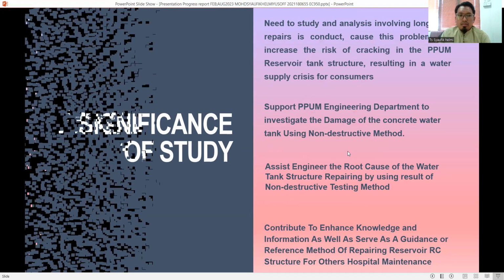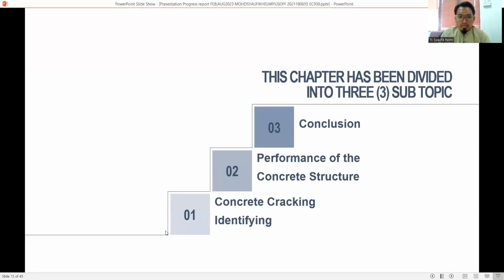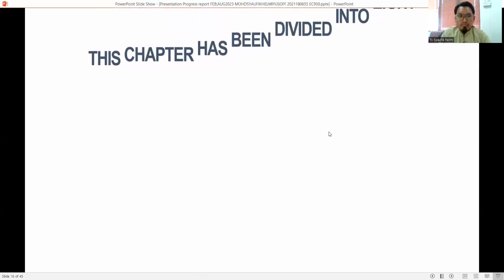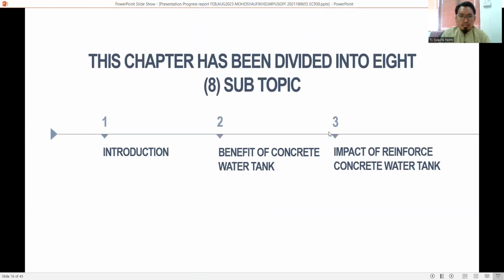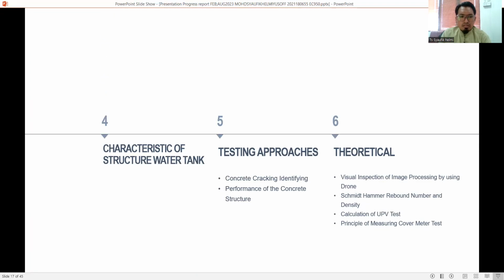Okay, so the literature review considers concrete cracking, identifying performance of the concrete structures, and conclusion. This review was divided into 8 subtopics: introduction, benefit, concrete water tank, impact of reverse concrete water tank, characteristic of structure water tank, and testing approach. The testing approach covers concrete crack identification and reinforced concrete structures.